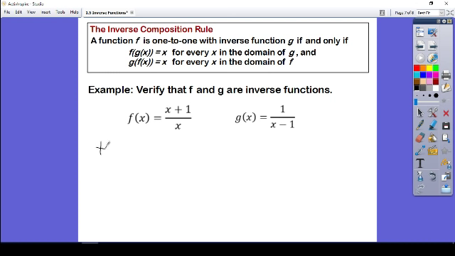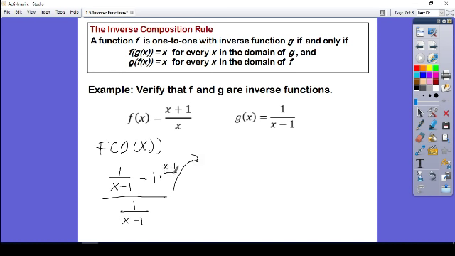So f of g of x would be 1 over x minus 1 plus 1 over 1 over x minus 1. It's going to get a little bit messy, but you multiply that 1 by x minus 1 over x minus 1 to get a common denominator.